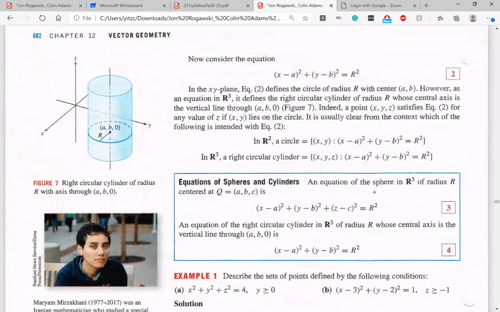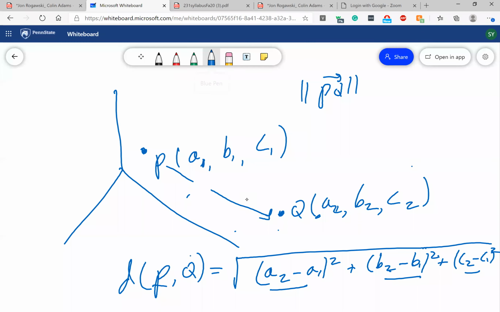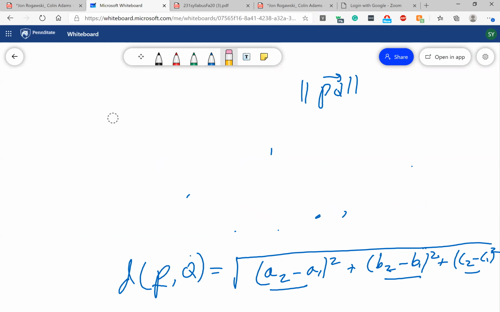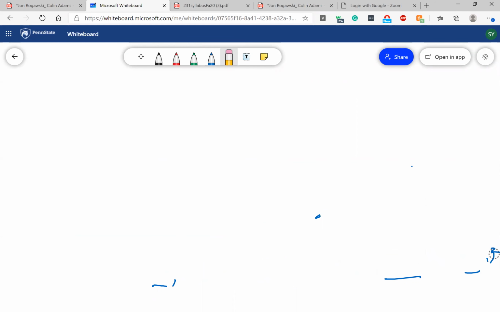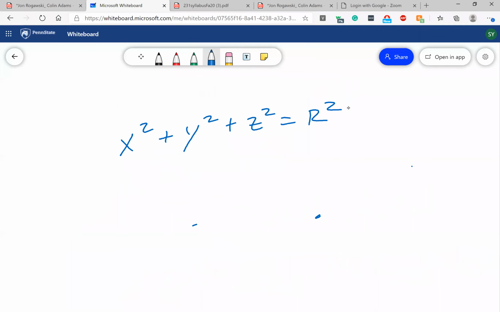So first, looking at the sphere in R3 centered at A, B, C. So if you're at 0, 0, 0, if you're at the origin and you're looking for your sphere with radius r, then the equation will be x squared plus y squared plus z squared is equal to your radius squared.